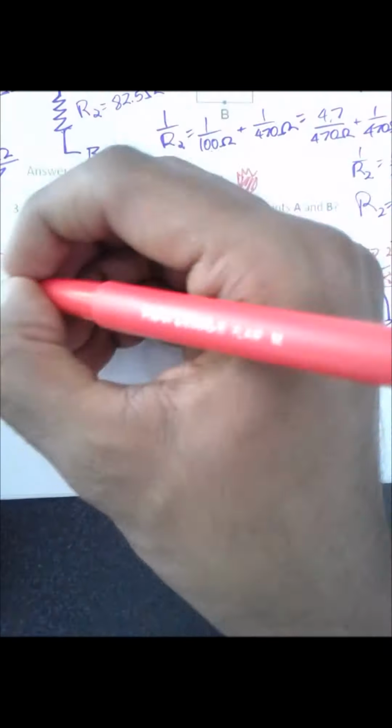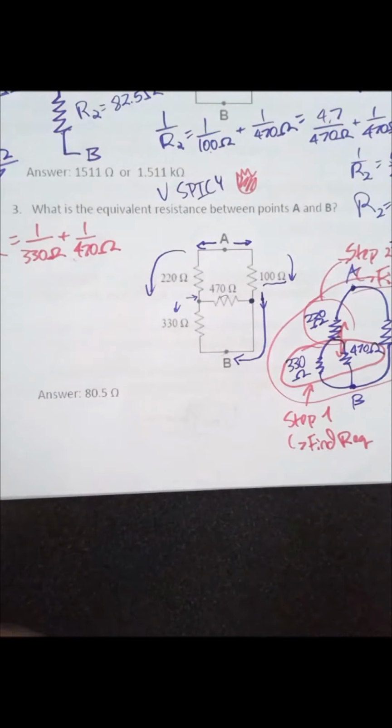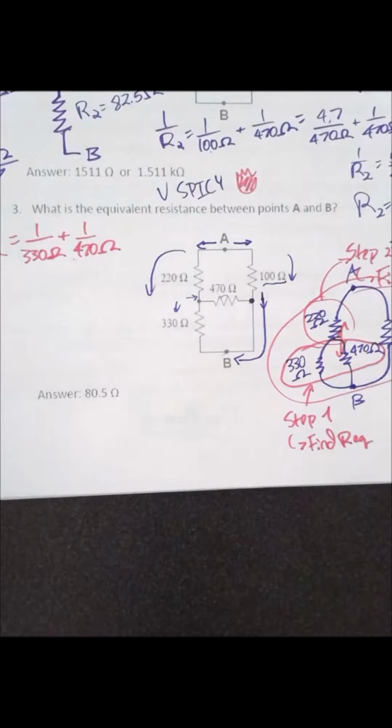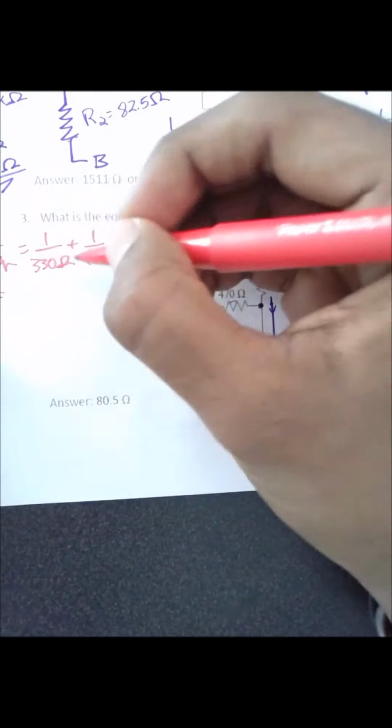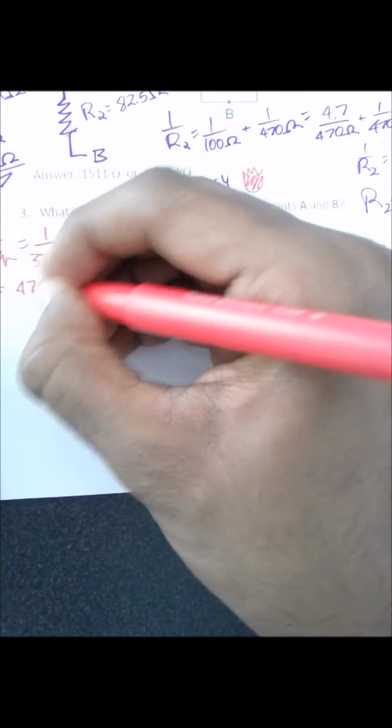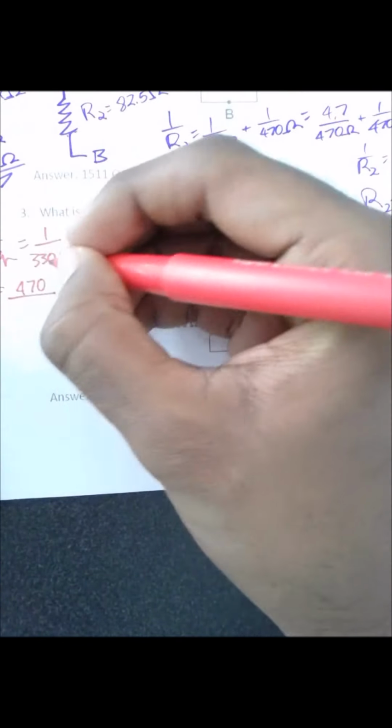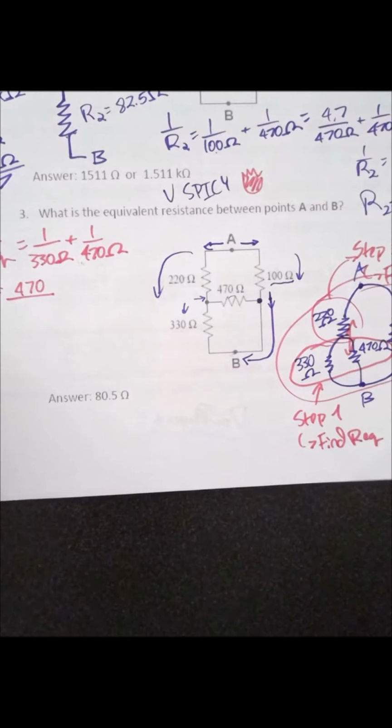And so these are a little bit trickier because these are kind of gross numbers. Probably the easiest way to do it is to just multiply these two together instead of trying to find a least common multiple. Just multiply them together. So then you'll have 470 over 470 times 330, whatever that gross number is.